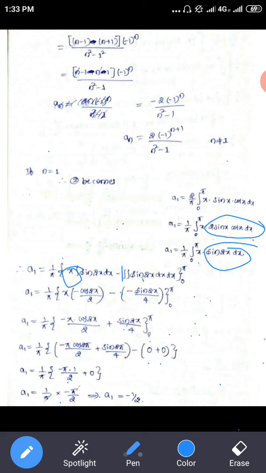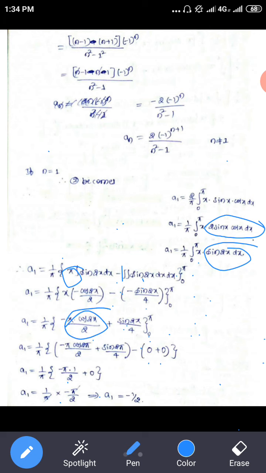So a1 is equal to 1 upon pi, x into minus cos 2x divided by 2 minus sin 2x divided by 4, which is from 0 to pi. So substitute upper limit as well as lower limit. So 1 upon pi, minus x cos 2x divided by 2 plus sin 2x divided by 4. So substitute upper limit, minus pi cos 2 pi divided by 2 plus sin 2 pi divided by 4.